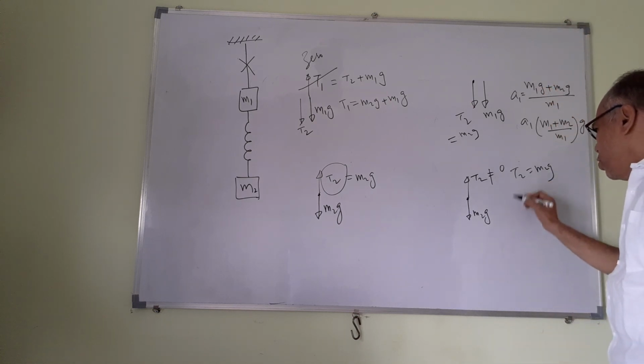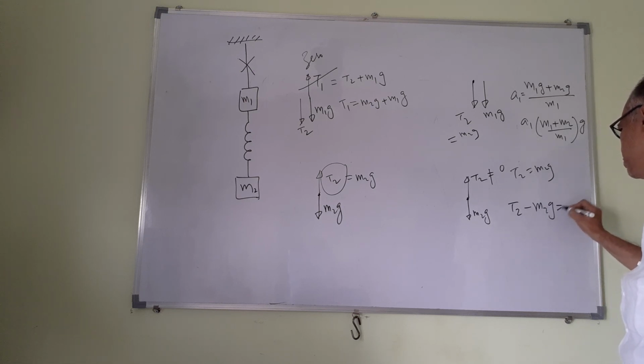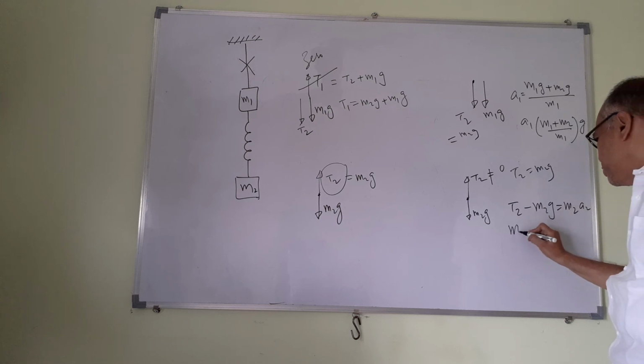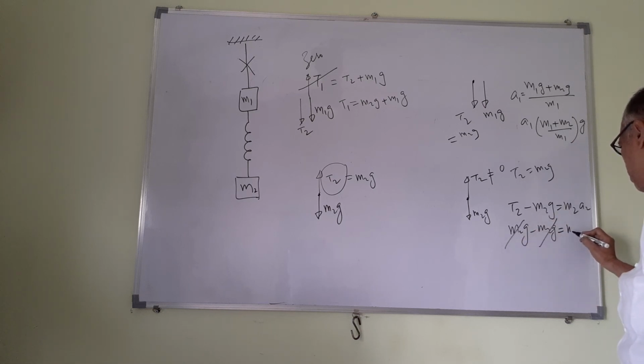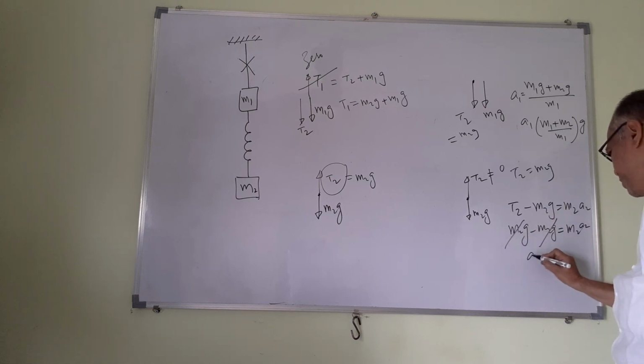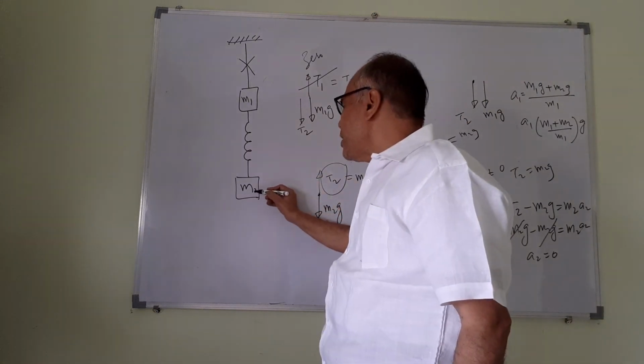Here, because the net force is 0, T2 minus m2g is equal to m2 A2. T2 is still m2g, so m2 into A2 is 0, so A2 equals 0. So after you cut the string, this will have 0 acceleration.